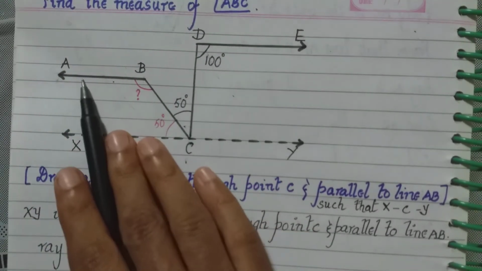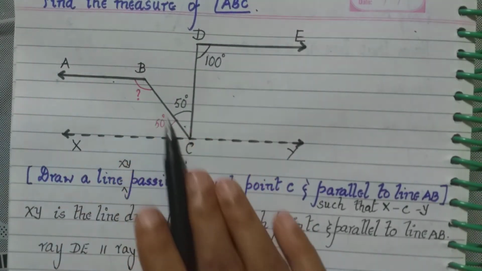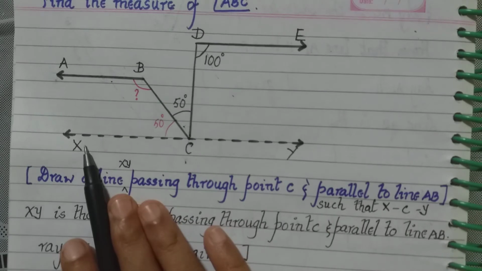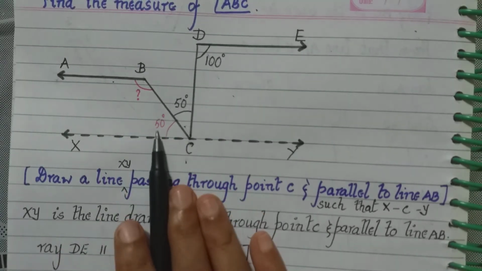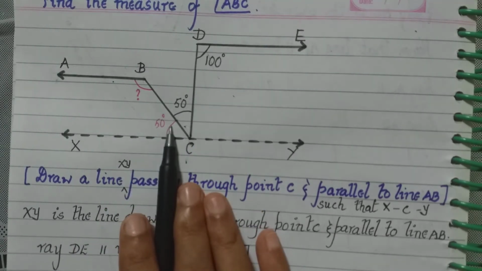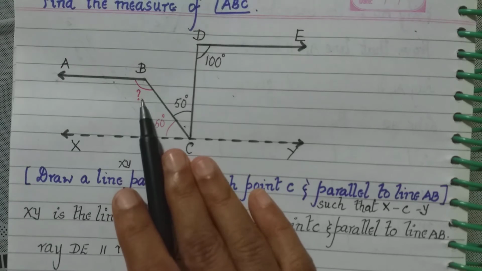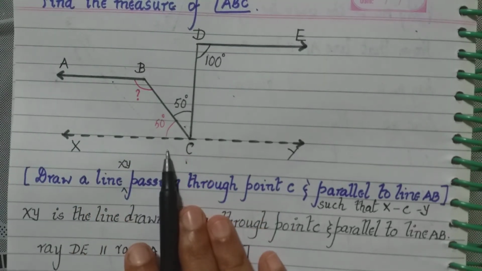Now, can we identify which type of angles these are? This angle ABC and this angle BCX, both these angles are on the inner side of the parallel lines and both are on the same side of the transversal. So which type of angles do they form? They form interior angles.